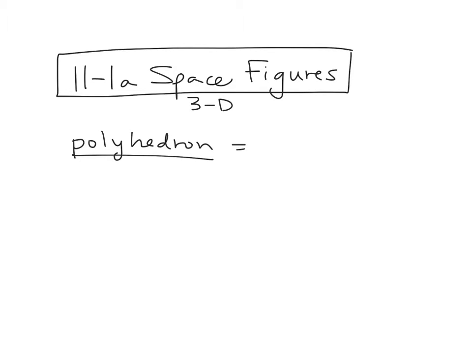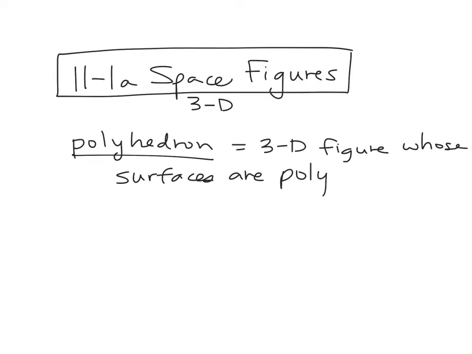But really what it means is it's a 3D figure whose surfaces are polygons. Okay, so a polygon is like a quadrilateral, a pentagon, a hexagon, right? All those things. So this, for instance, would be a polyhedron because every face that you see is a polygon.